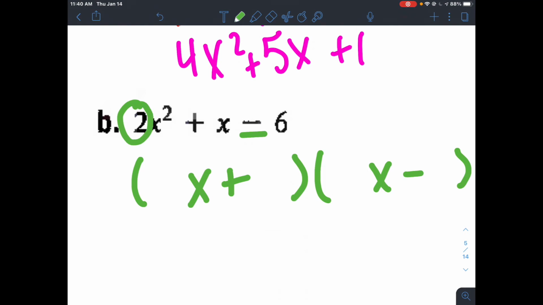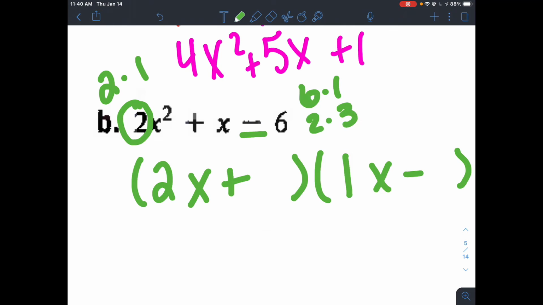My first number is 2. So my only possibility is a 2 times 1. My second number is 6. So I can have a 6 times 1 or a 2 times 3. All right. And then my end goal is to get my middle term to be plus x.